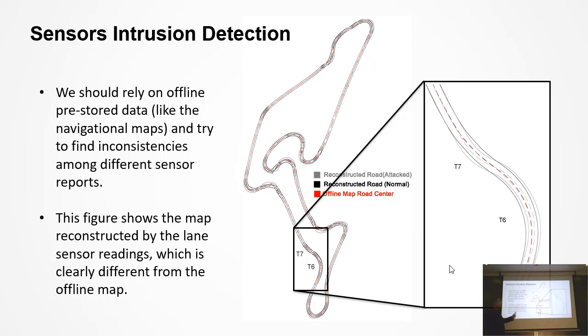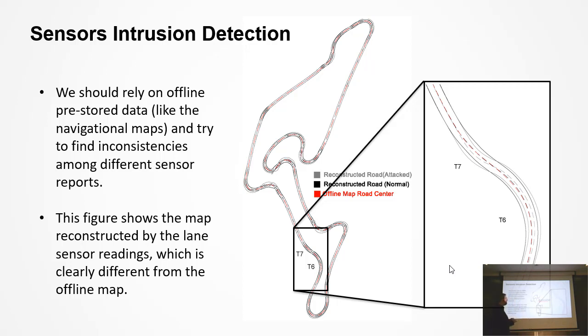Okay, and here we assumed that the attacker has changed or manipulated the lane sensor readings and told the controller you're off the central part of the road by, I don't know, 2 meters, but the GPS readings have not been compromised. So we know where we are.